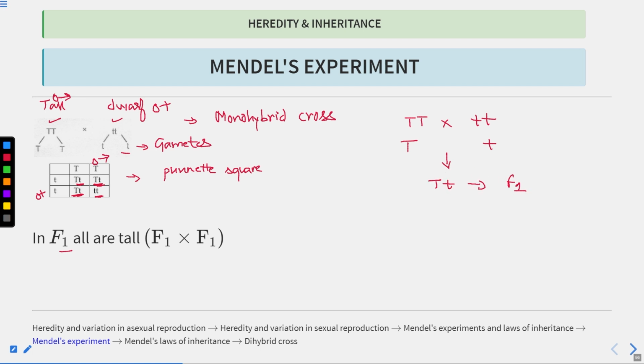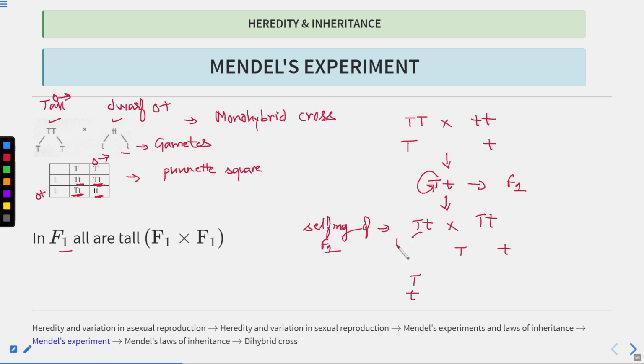Now selfing of this F1 means capital T small t is crossed with capital T small t. So this is known as the selfing of the F1. Selfing of F1 is being done here. So what will be the gametes? T and small t, and T and small t. These are the gametes produced.